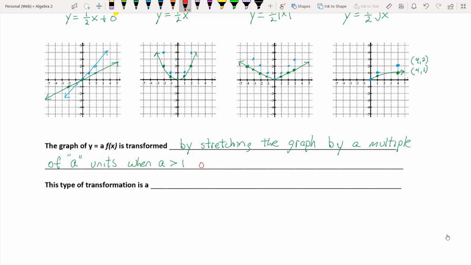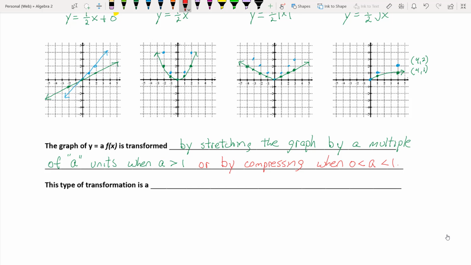Or by compressing when, and I'm going to leave a little bit of a space here, a is less than 1 but greater than 0. So this was 1/2. I could have used 1/3 or 1/4 or 1/5 or 1/6.